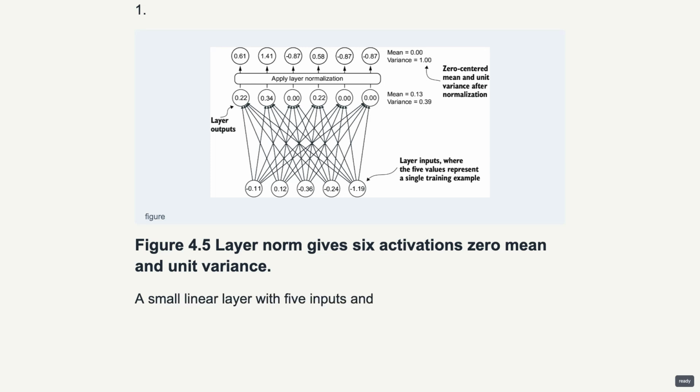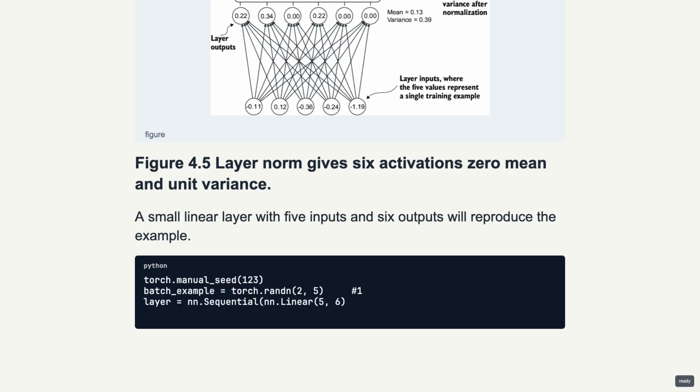A compact example makes the mechanics easier to see. We feed 2 input rows through a linear layer and then inspect the raw activations before normalization. The random seed makes the numbers repeatable, and the batch contains 2 examples with 5 features each.